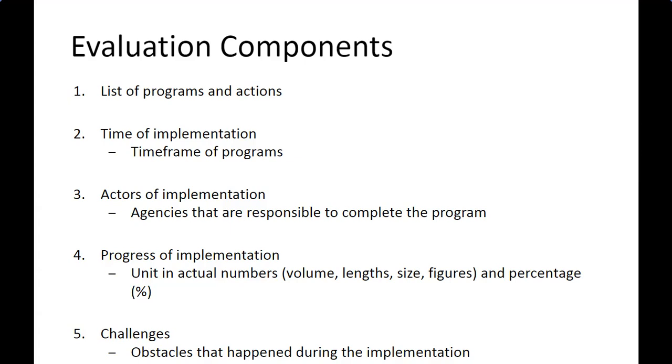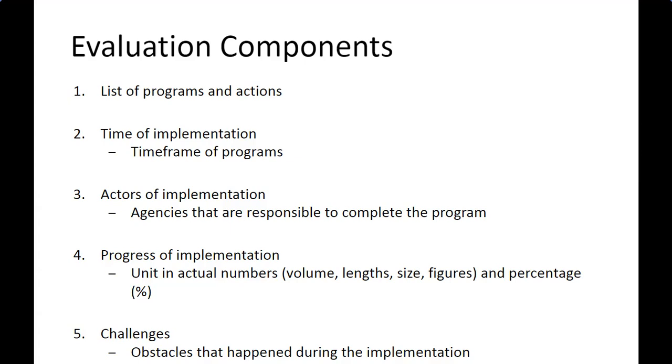And the fourth, which is also an important component of performance evaluations, is the progress of implementations. How fast, how complete the programs have been implemented by one actor or one agency, or maybe multiple actors or multiple agencies. And we can use actual numbers to present the progress, for example volumes, lengths, sizes, figures. For roads, we can use lengths.